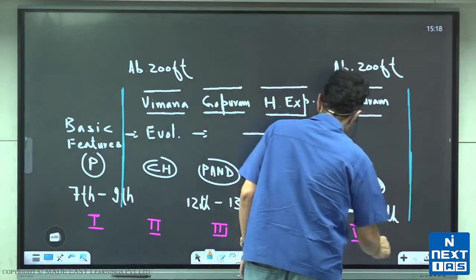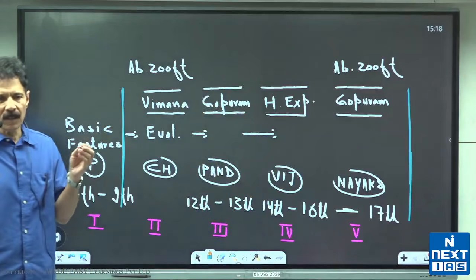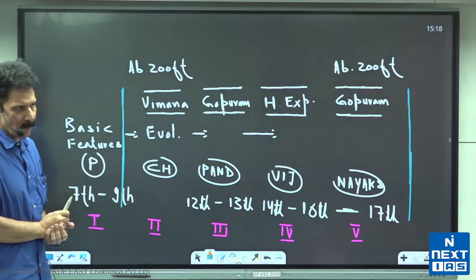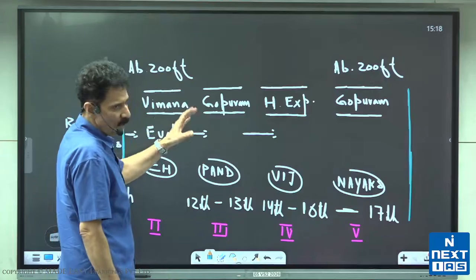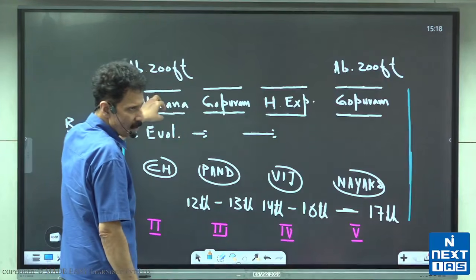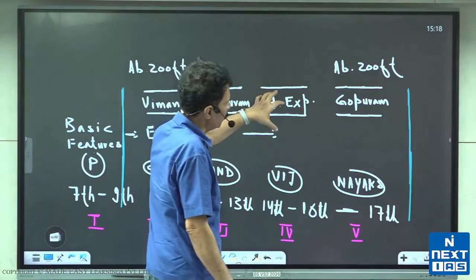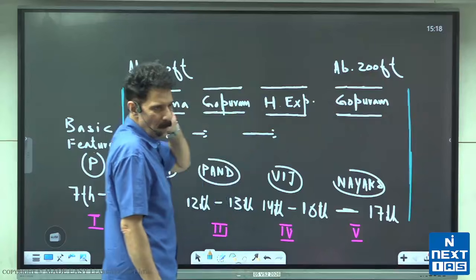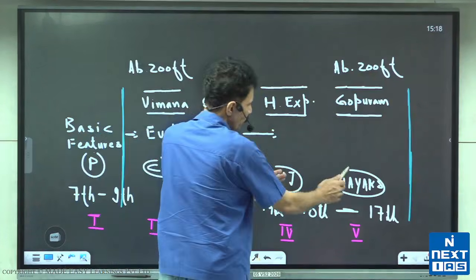Roughly a similar kind of diagram you can draw with the value addition in your answer, focusing on what changes took place, like Vimana. Focus on Vimana, focus on Gopuram, horizontal expansion, Gopuram. So this represents the evolution from 9 to 17.